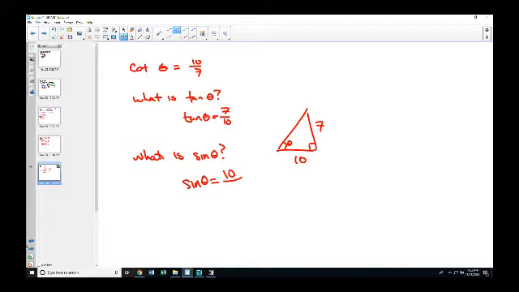How do we calculate the hypotenuse? It's Pythagorean theorem. So it's going to be 12 point something.